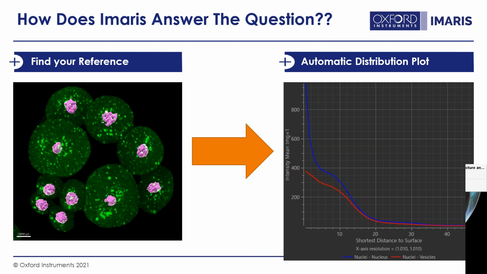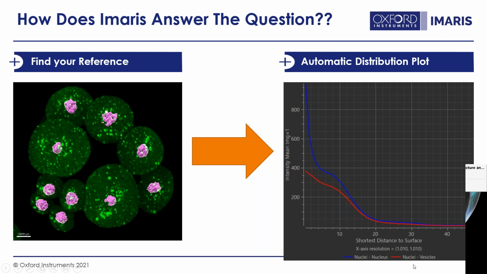This is a function of the resolution of your image. And what we can see is that the nucleus channel is in blue, and of course the line is very steep right here because that's at the edge of the nucleus where I created the surface, so that makes sense.